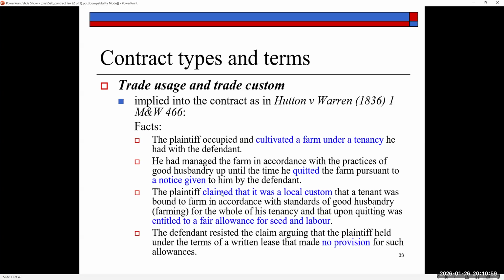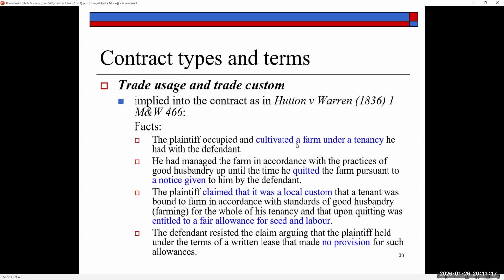The plaintiff, P, in short, plaintiff Hutton, claimed that it was a local custom that a tenant was bound to farm in accordance with the custom, and entitled to a fair allowance for seed and labor.